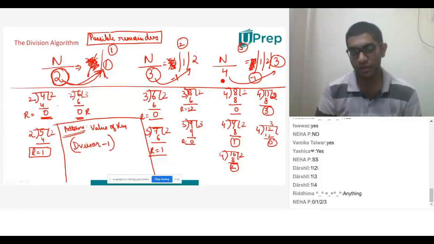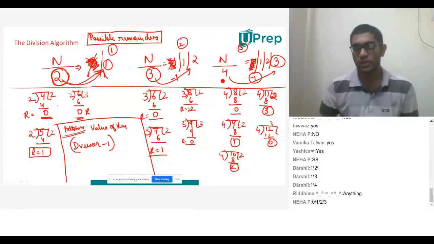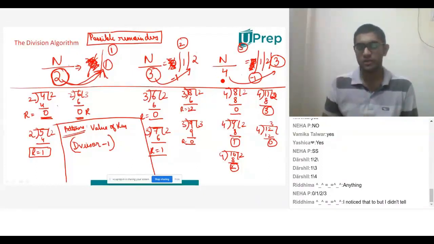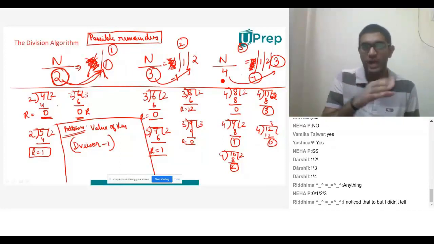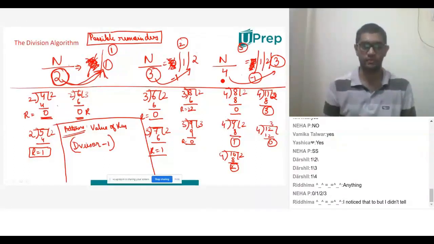So whenever I have a number and I give you a divisor, the value of the remainder can always range between 0 and 1 less than the divisor. When I divided 5 by 2, I got the remainder as 1. 6 by 2 again gave me 0. So what was the maximum possible value of the remainder?